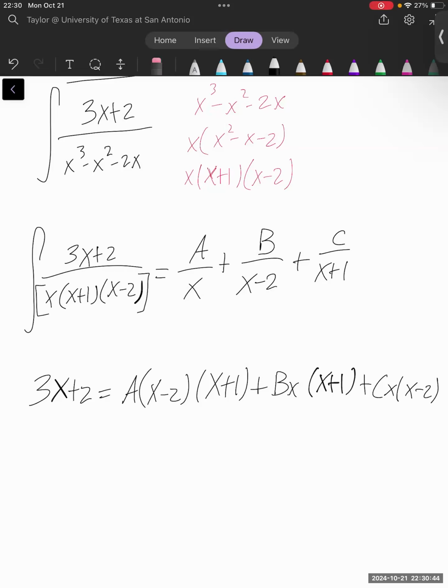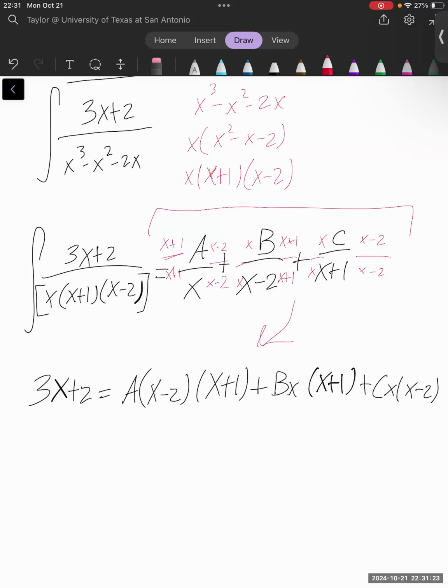So by multiplying, for the a term, by x plus 1 over x plus 1 and x minus 2 over x minus 2, for the b term, by x over x and x minus 2 over x minus 2, and for the c term, by x over x and x plus 1 over x plus 1, this whole thing gets you here.